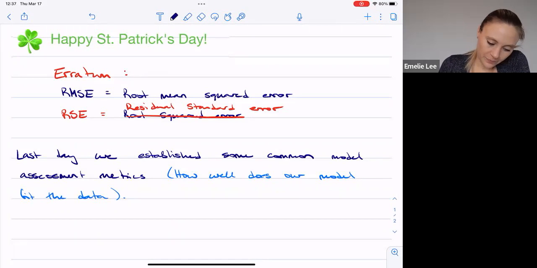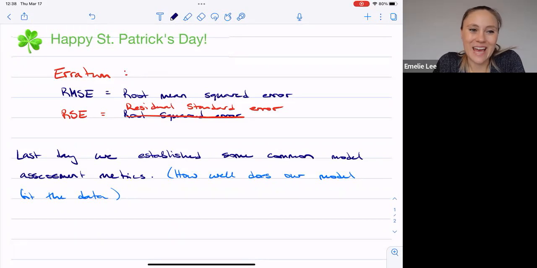So we talked about the RMSE and the RSE, the residual standard error.